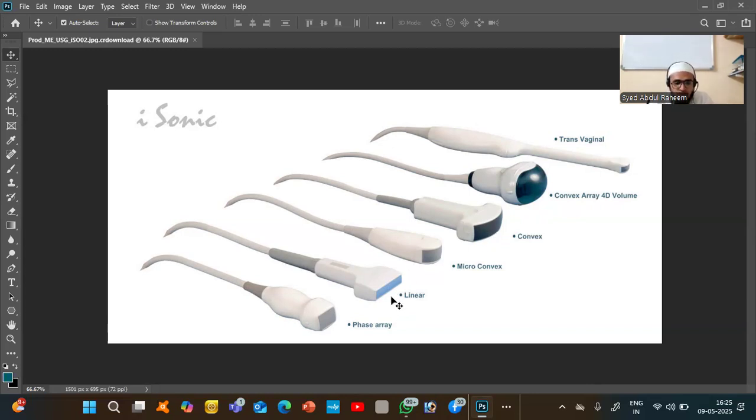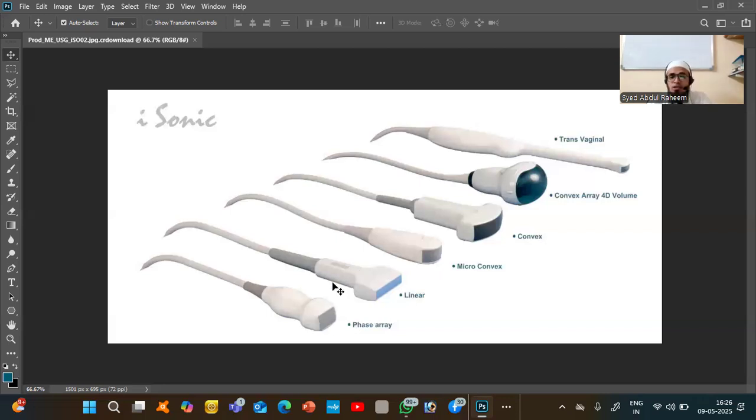This is very important. Linear is high frequency, and it will not go deeper. With the linear probe you can see arteries, veins, skin, musculoskeletal, testicles, eyes, breast.